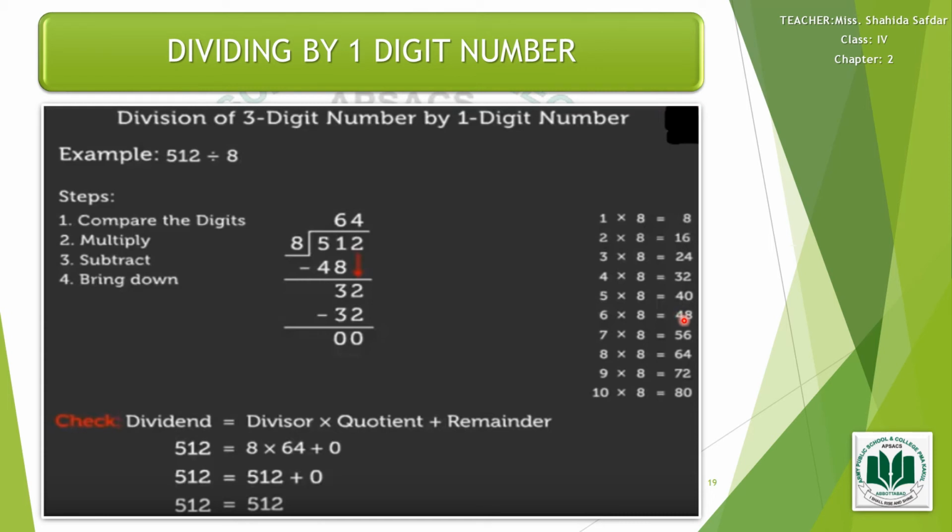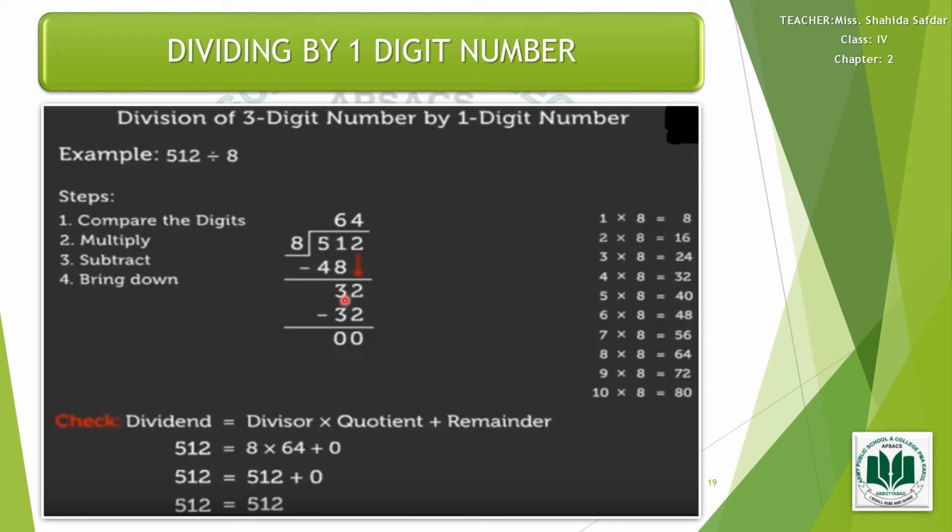The nearest product here is 48, that is 6 multiplied by 8 equals 48. So write 6 in the quotient at the tens place and 48 under 51. Now subtract 48 from 51, we get 3.